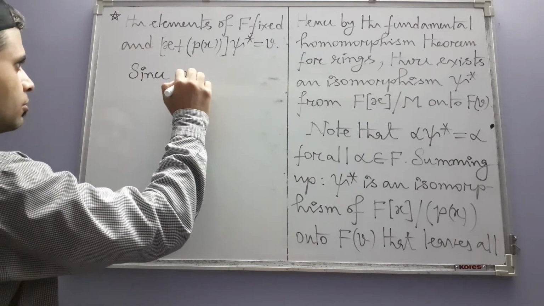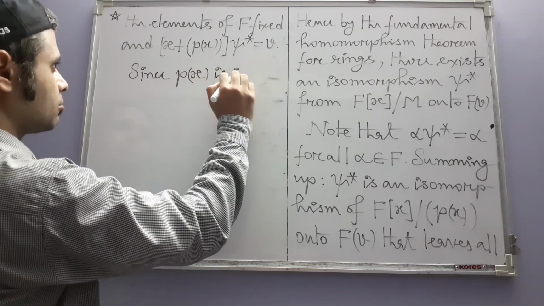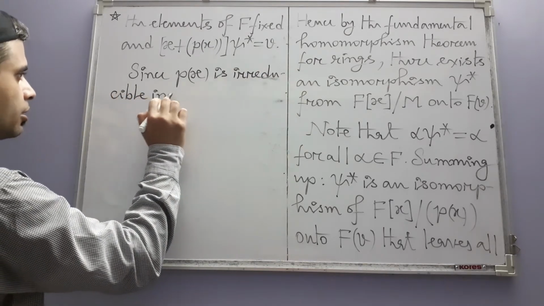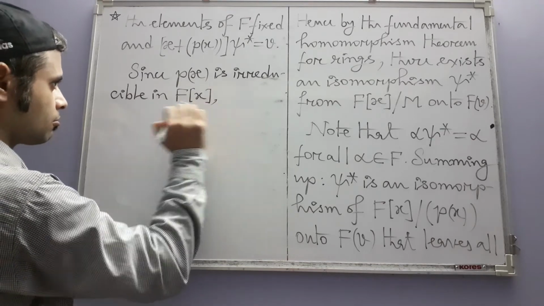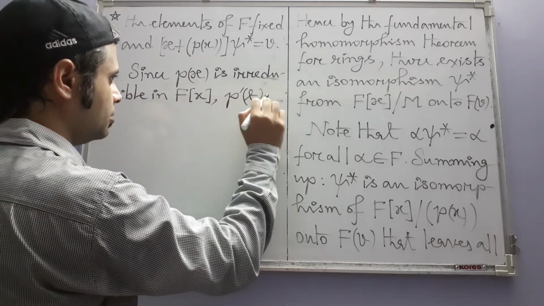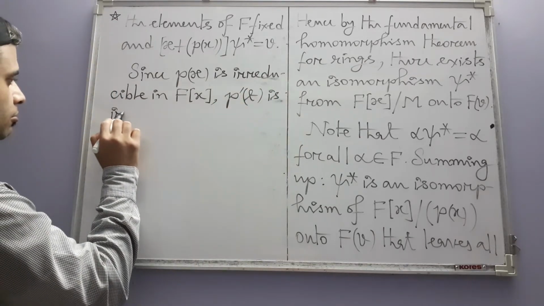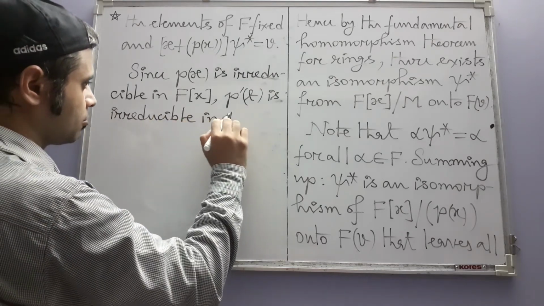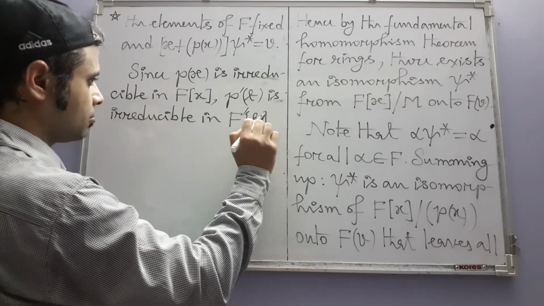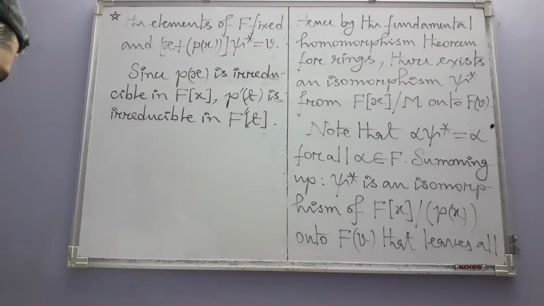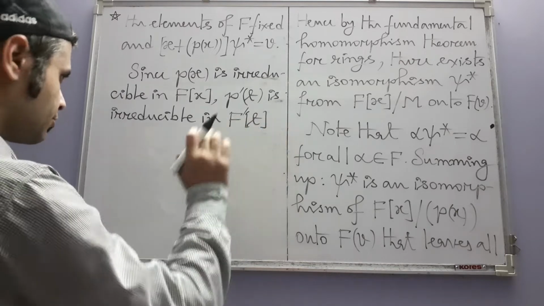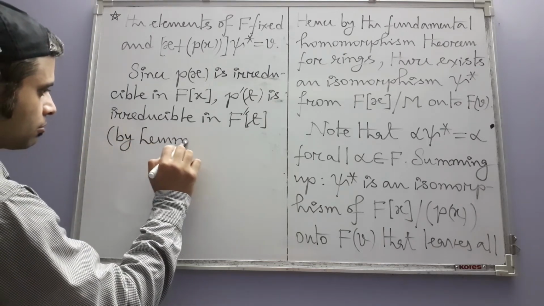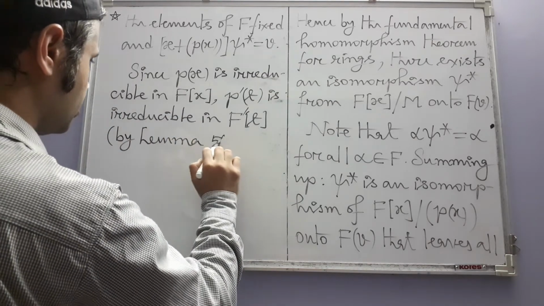Since p(x) is irreducible in F[x], p'(t) is irreducible in F'[t], and the justification for this is coming from lemma 5.3.3.